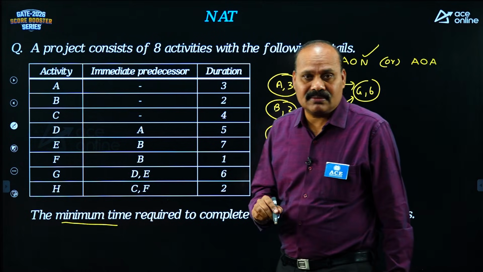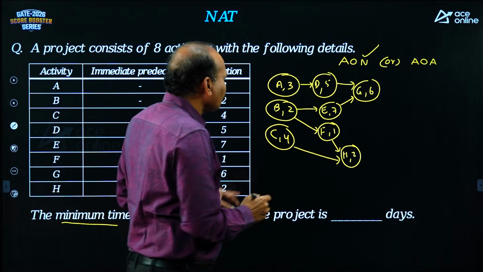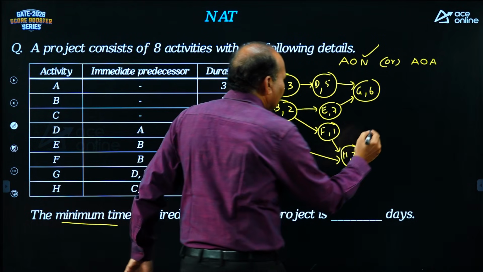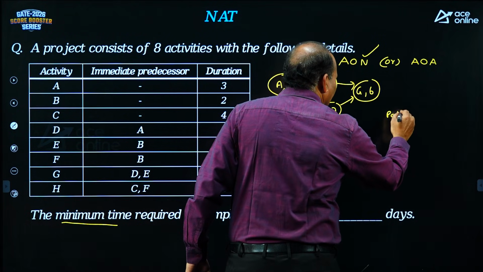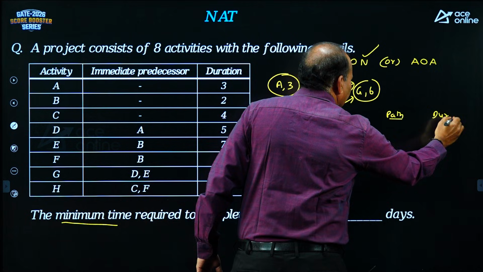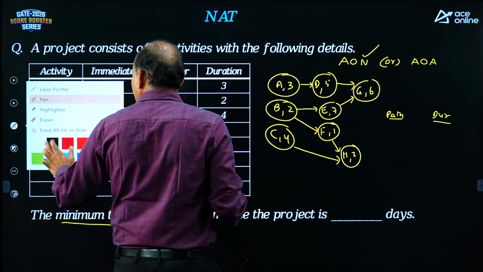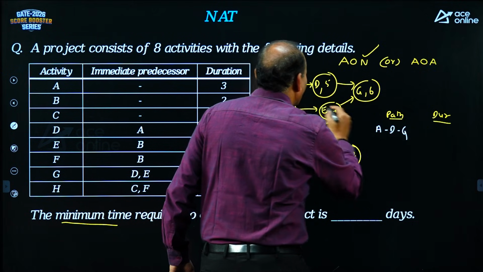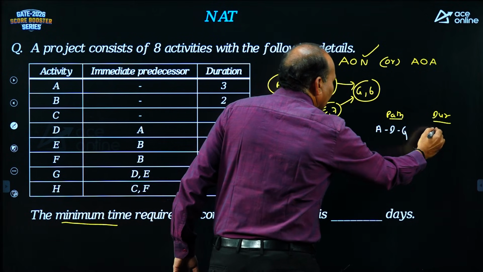Now take the paths. What are the paths in the diagram? Arrows will give the directions. ADG, first path and duration: 3 plus 5, 8, plus 6, 14.